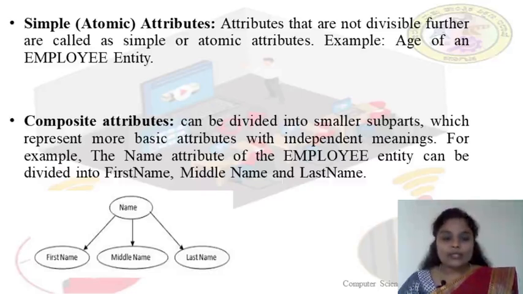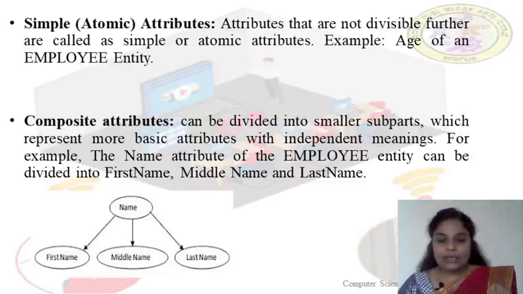What they are meaning to say, see, the value of the age, can I decompose it further? Is it possible for me to decompose? See, here the word divisible means it's not like divide by 2 or divide by 5. It is like decompose.